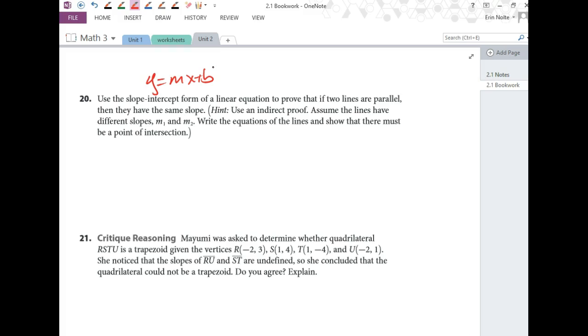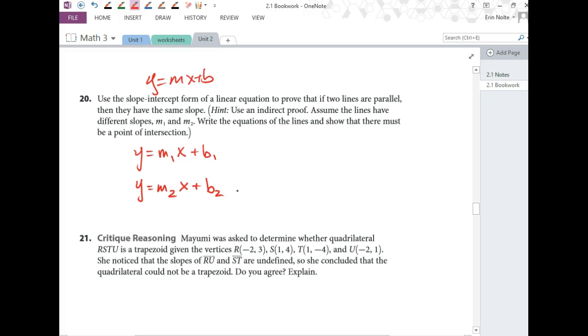Okay, so for starters, we're going to start with our first equation, and we're going to say y is equal to m sub 1, because it has some slope that is different than the other slope, and we're going to say our y-intercept is going to be b sub 1. Okay, the second equation is going to be y is equal to m sub 2 times x plus b sub 2.